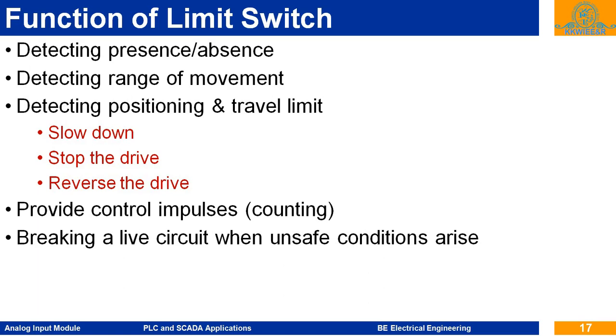Say the contactor does not disconnect the supply for this motor and it is continuously moving in the downward direction. That position is sensed by another limit switch and it gives the signal to the main contactor so that the overall supply for this machine is disconnected, so that it stops the operation. So the unsafe condition is also sensed by the limit switch.